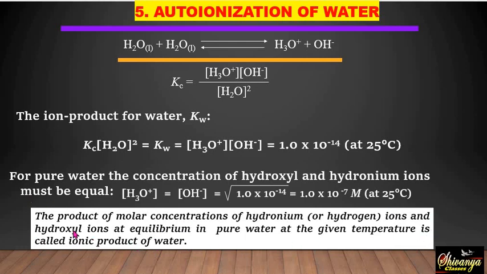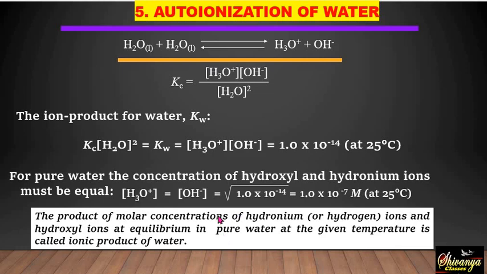Let's see the definition again. Product, multiplication, of molar concentration of hydronium ion and hydroxyl ion at equilibrium in pure water at a given temperature is called the ionic product of water.